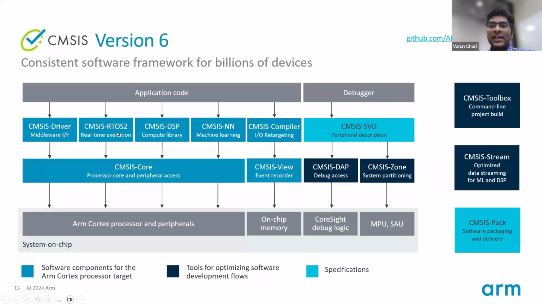Right now, FreeRTOS and Zephyr are supported, so you can get the CMSIS RTOS pack, an abstraction over Zephyr, and start developing using CMSIS RTOS 2 APIs, and in turn it will translate those to a Zephyr OS backend.